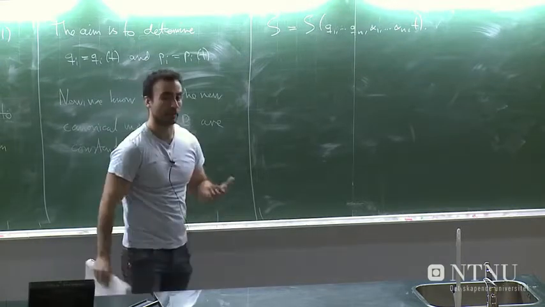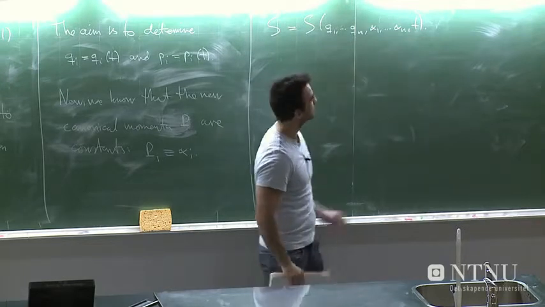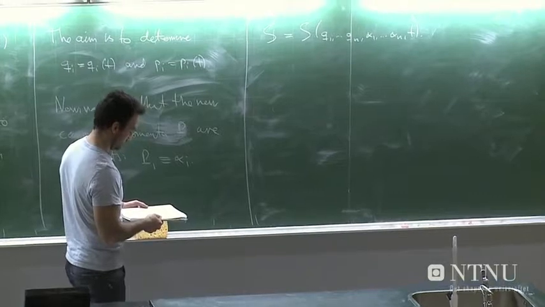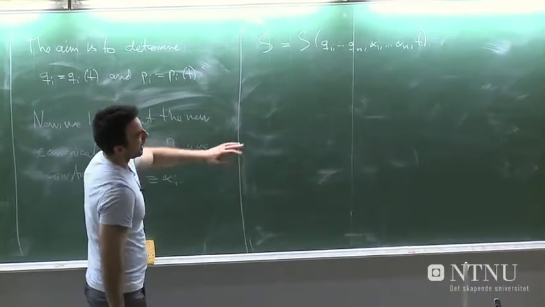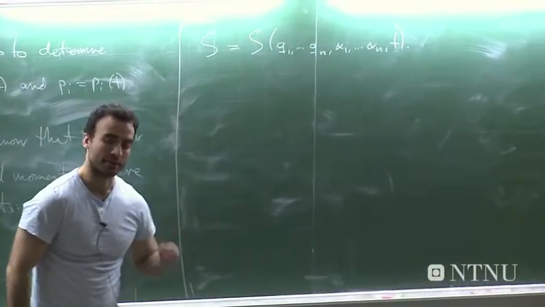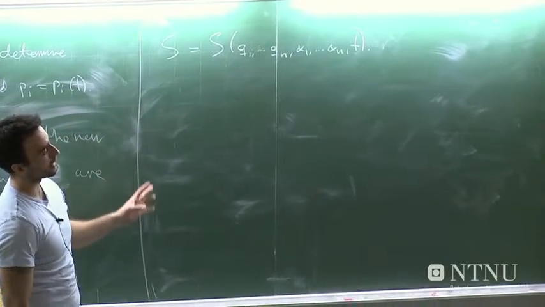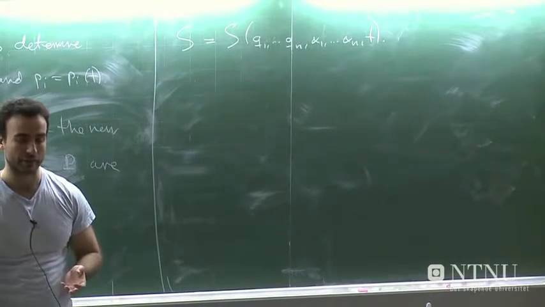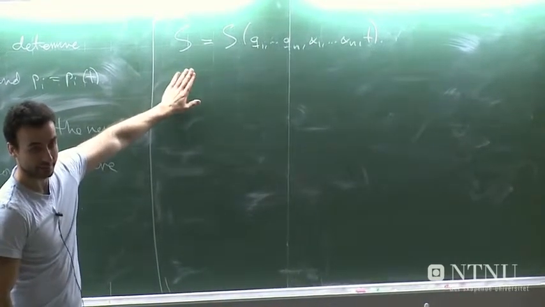These are integration constants that appear, and time. Now, the key to obtaining the time dependence of Q and P is to use the defining equations of transformation for F2, the second class of generating functions, on this function here, because this is F2.